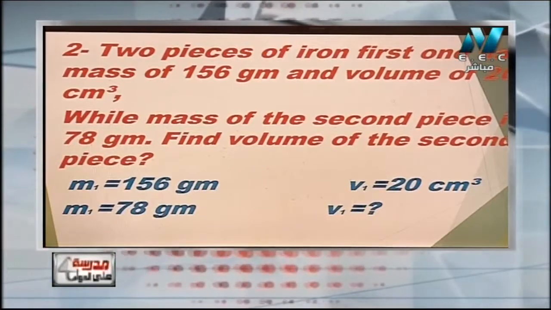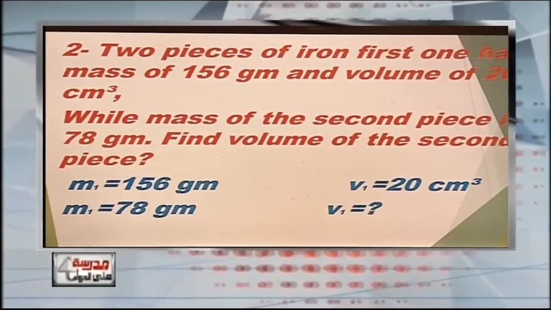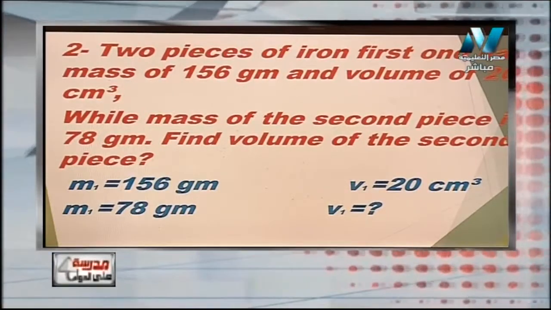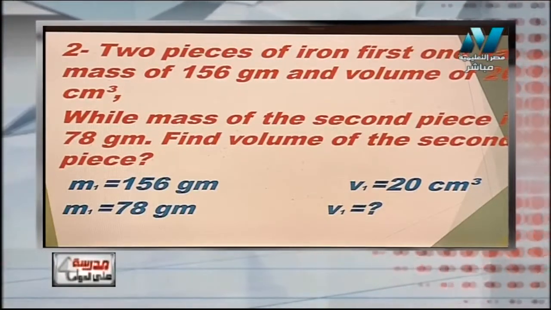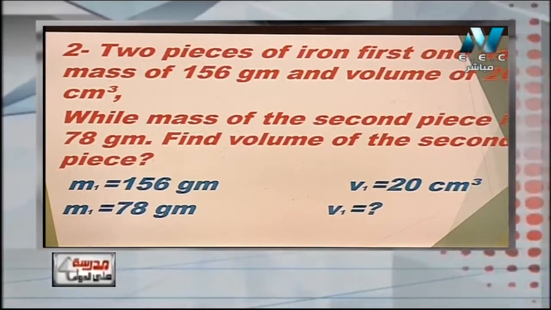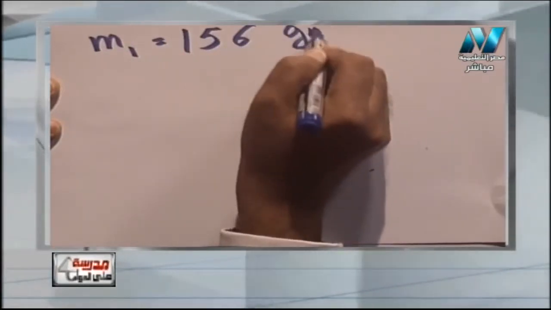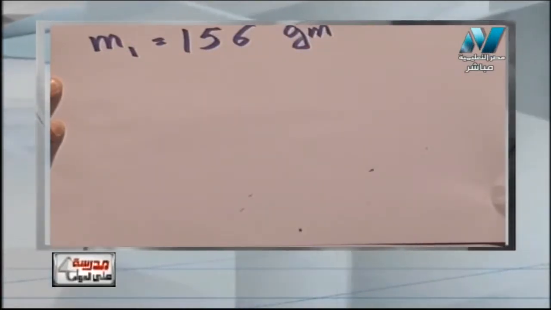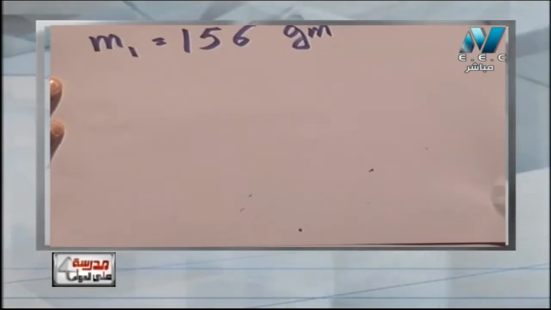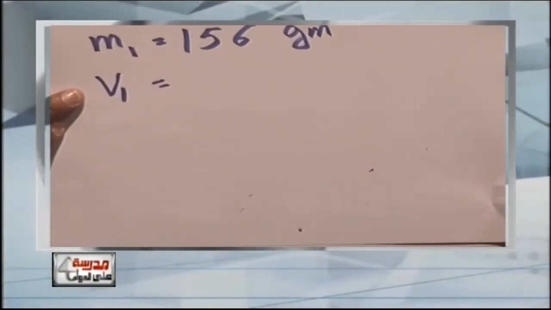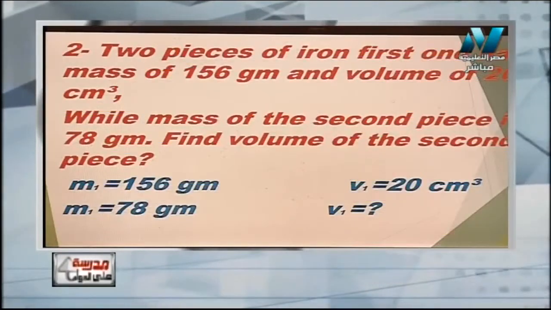Now another question. Two pieces of iron. The first one has a mass of 156 gram. So now I have to write the givens. Mass 1 equals 156 gram, and the volume of number 1, V1, equals 20 cubic centimeter.